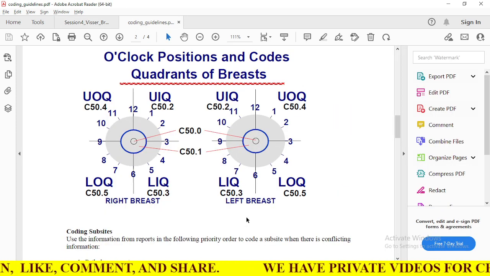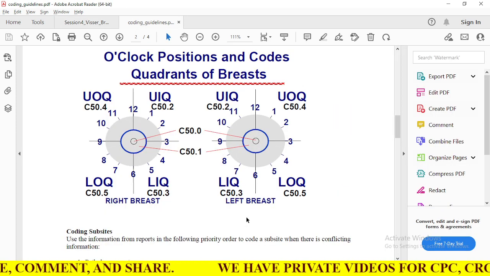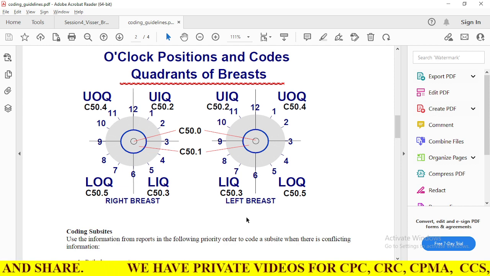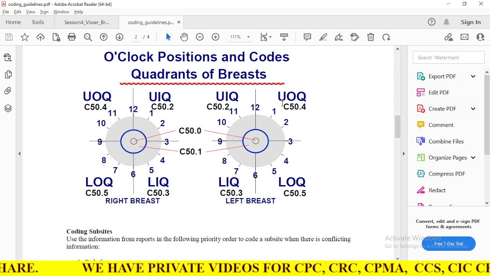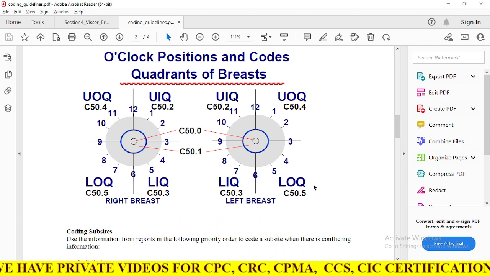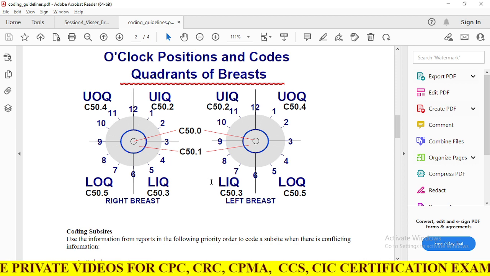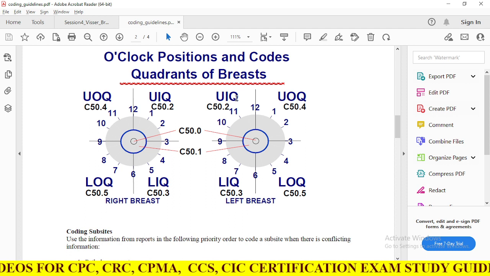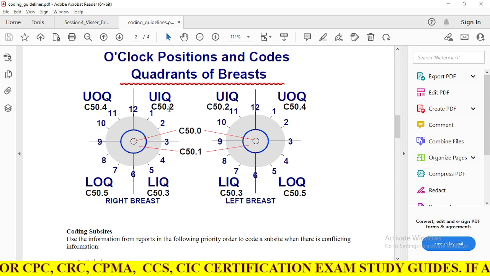Whenever we check pathology reports, we will find the quadrants of the breast. Here we will see the quadrants of the breast. So you see upper outer quadrant, lower outer quadrant, lower inner quadrant towards the midline. This is the upper inner quadrant, which is also towards the midline.